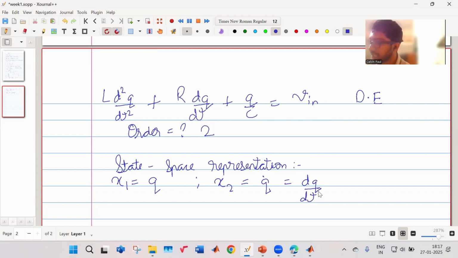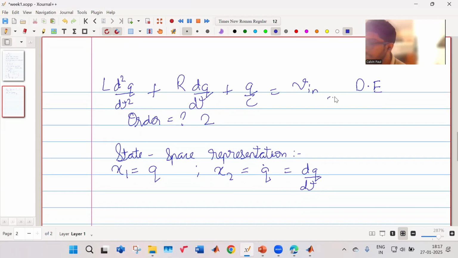Okay, so this is the state. Now we will rewrite this equation in terms of these states. And we will also consider u, my input to the system, to be V in.